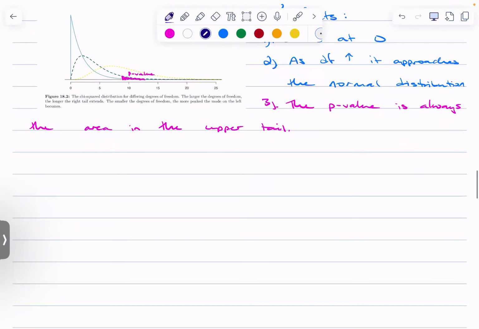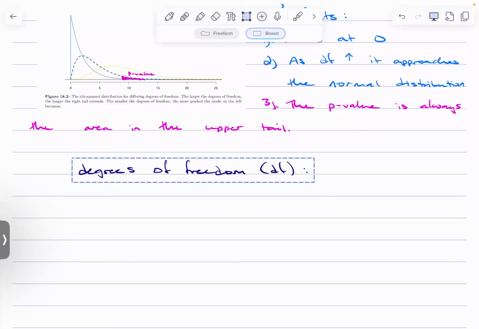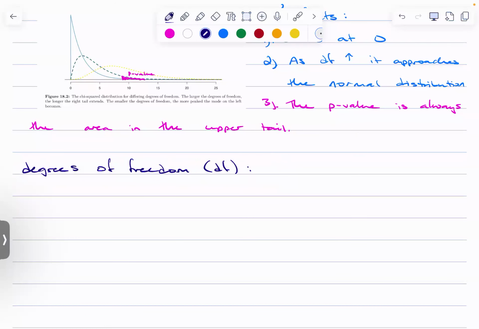For us, the degrees of freedom, which we abbreviate DF, is going to be, for a two-way table, the number of rows minus 1 times the number of columns minus 1.